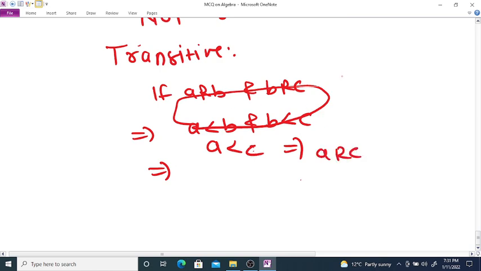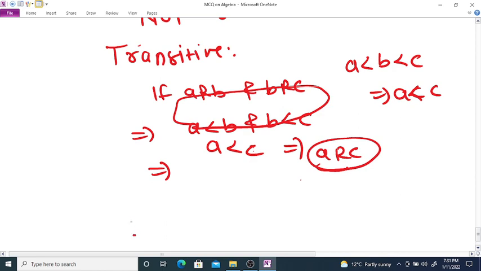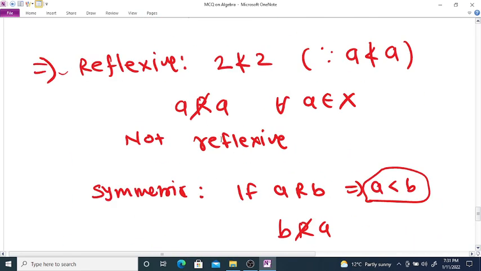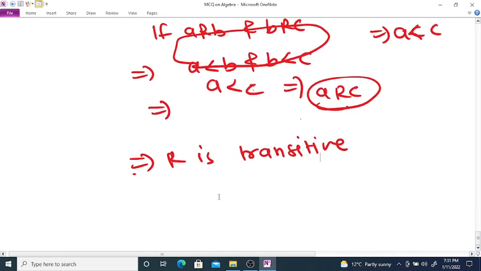So R is a transitive relation. Now it is not reflexive, not symmetric, but transitive, so this is not an equivalence relation.